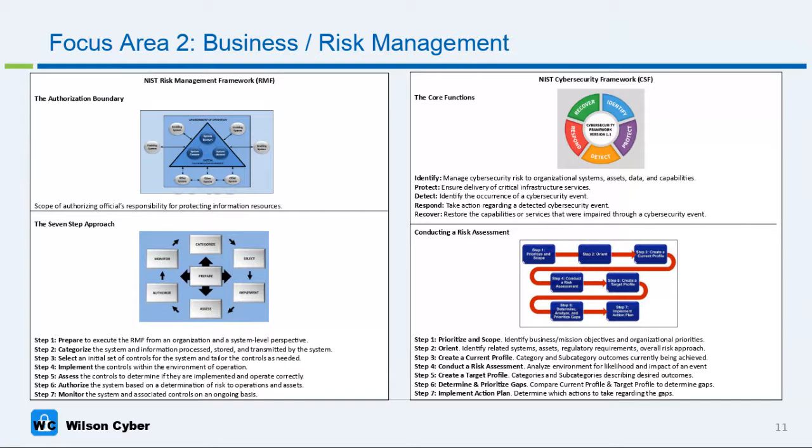Step 4, conduct a risk assessment, analyze environment for the likelihood and the impact of an event. Step 5, create a target profile, categories and subcategories describing the desired outcome. Step 6, determine and prioritize gaps, compare current profile and target profile to determine the gaps. Then step 7, implement action plan, determine which actions to take regarding the gaps.